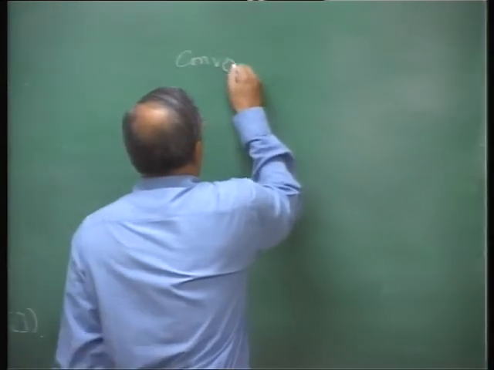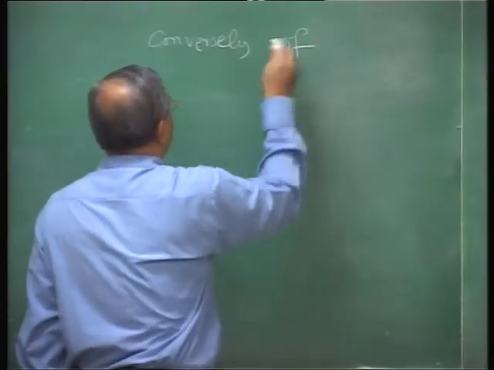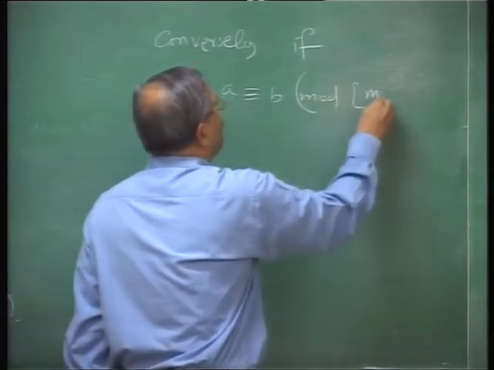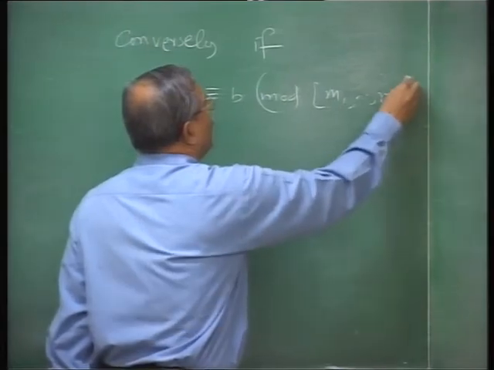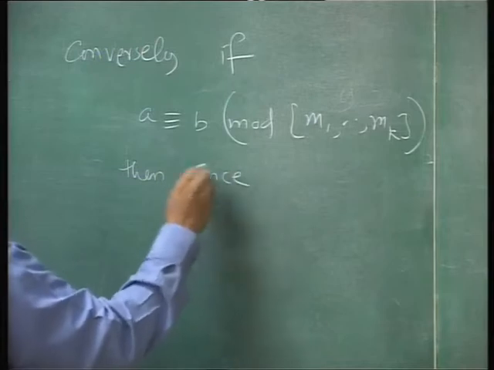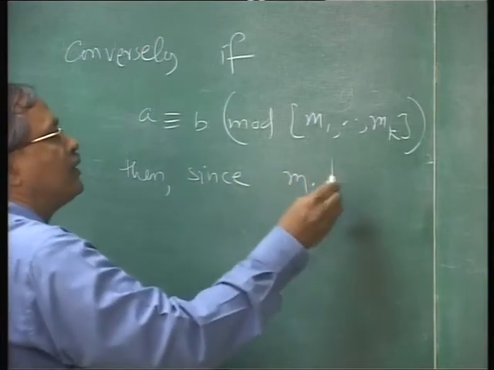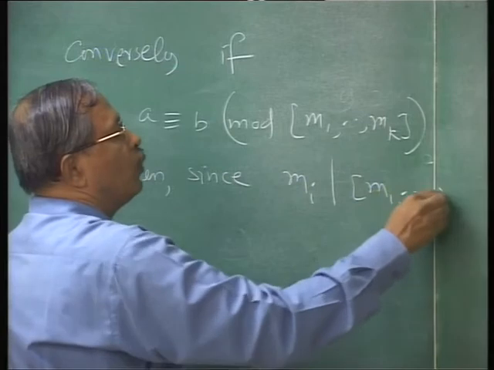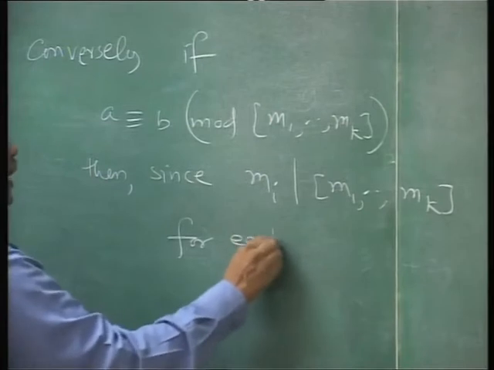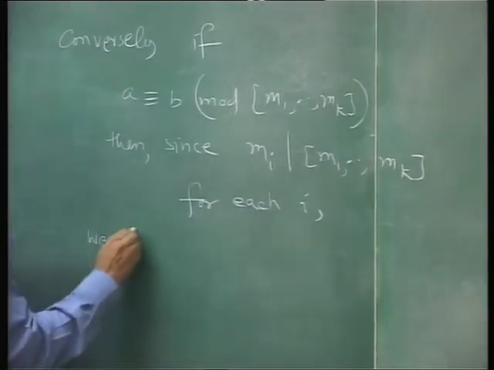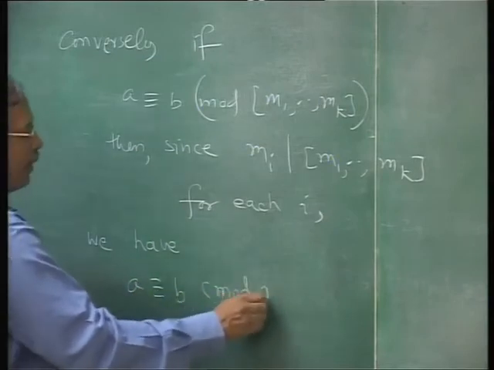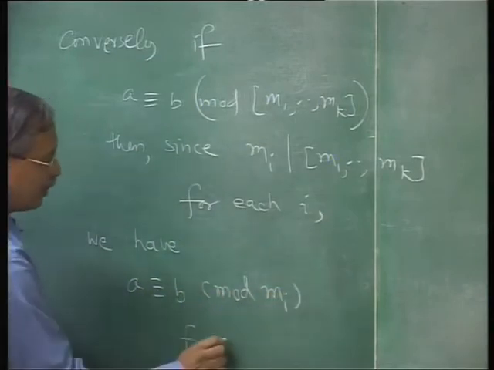Conversely, if A congruent to B mod the LCM of m1, m2, ..., mk, then since mi divides the LCM for each i, we have A congruent to B mod mi for each i.